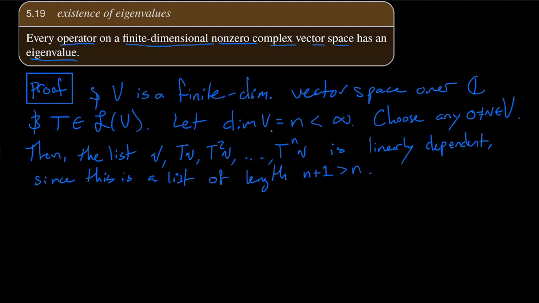That is, the dimension is the length of any basis. A basis is a linearly independent spanning set. So this says that n is an upper bound on how long a linearly independent list can be in the vector space. That is, if we take something longer, it's got to be linearly dependent.